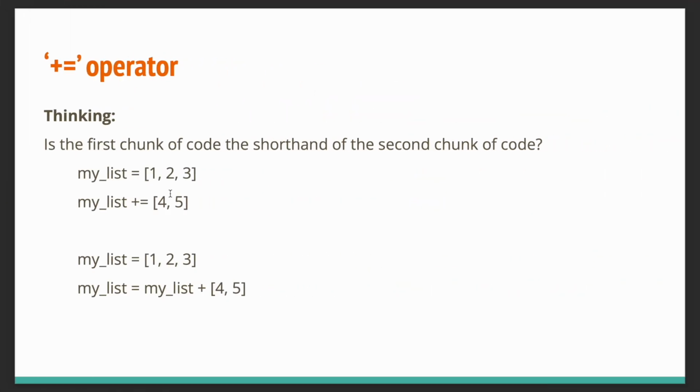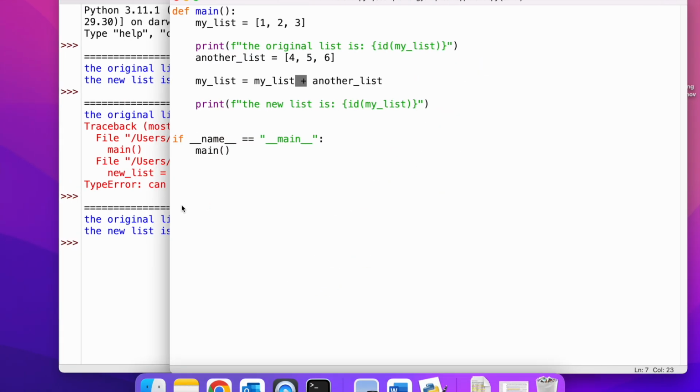So what about the first chunk of code? Which means, what if we use the plus equal operator? What will be the address location of that? So we can try by deleting this and using the plus equal operator here.